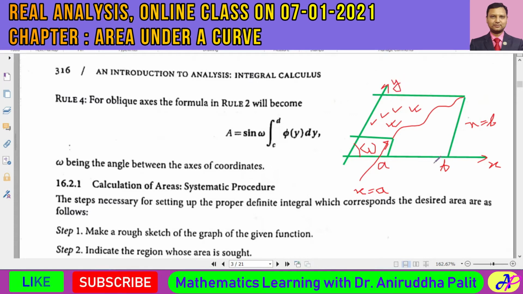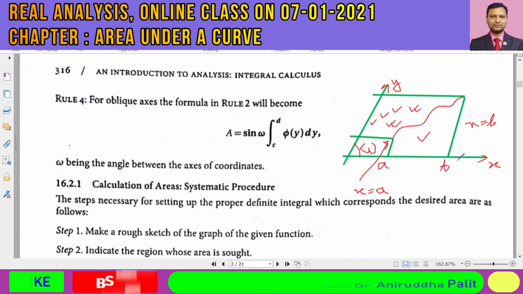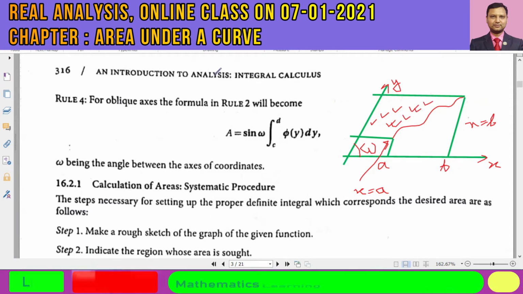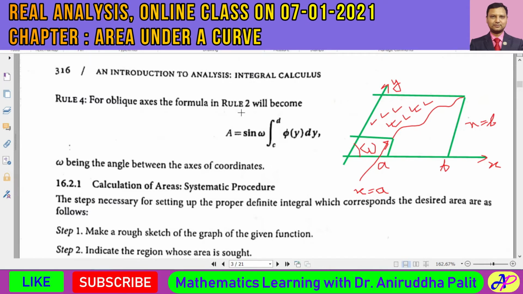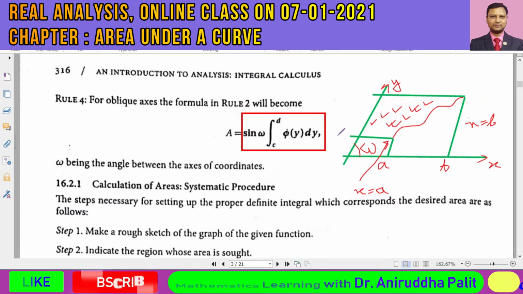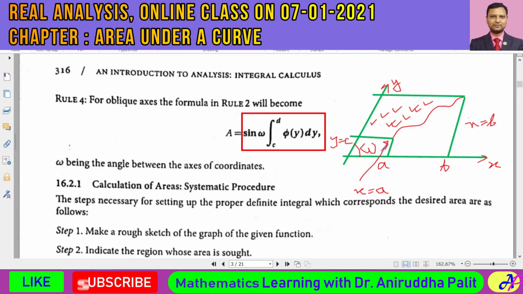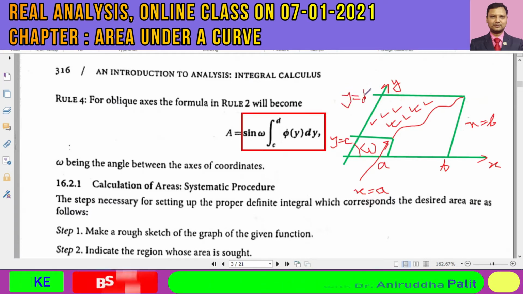So if in place of this much area, we are interested in this area, in that case the integral formula would be: we'll have to integrate the function with respect to y. This is the straight line y is equal to, suppose, c, and this is the straight line y is equal to, suppose, d.